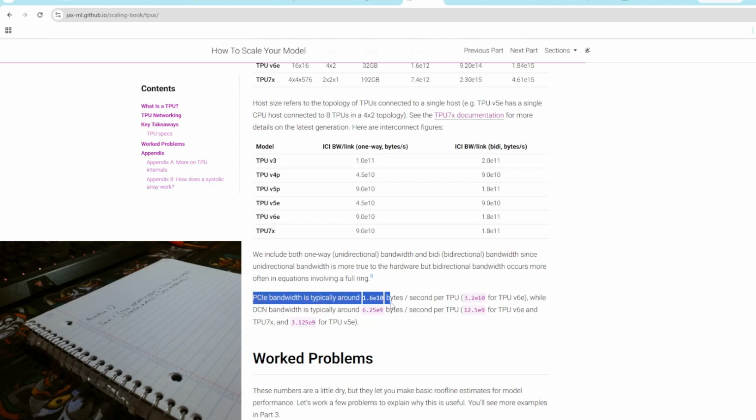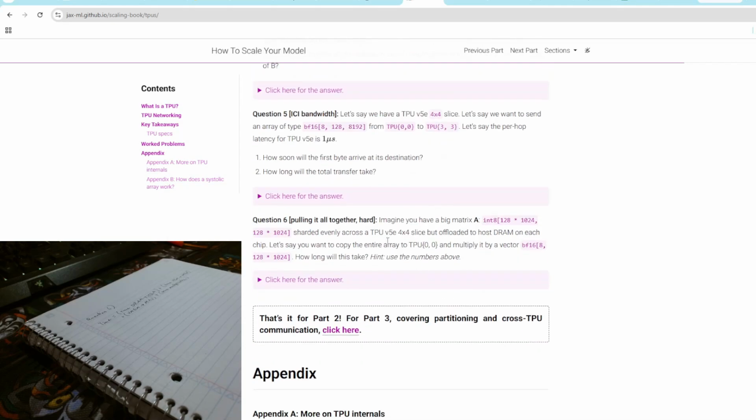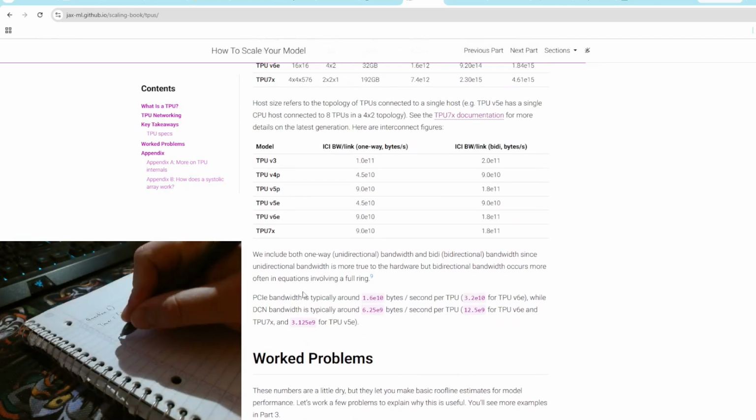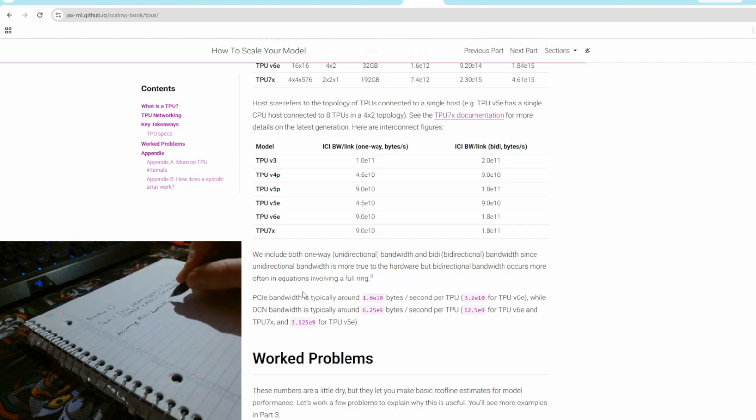PCIe bandwidth. So what are we on a TPU v5e? Let's just say, assuming PCIe bandwidth of 1.6 E10 bytes per second.